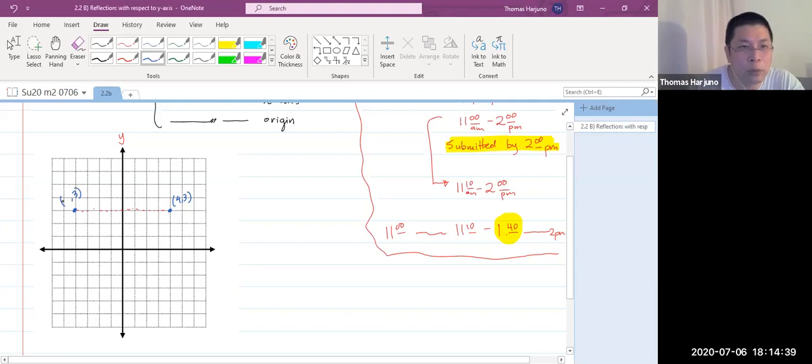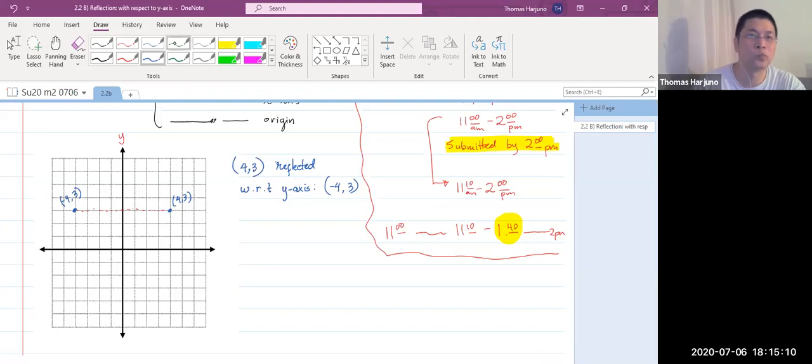But the x will be -4 in this case, which is the opposite. So when 4, 3 is reflected with respect to the y-axis, the result is the same y, opposite x.